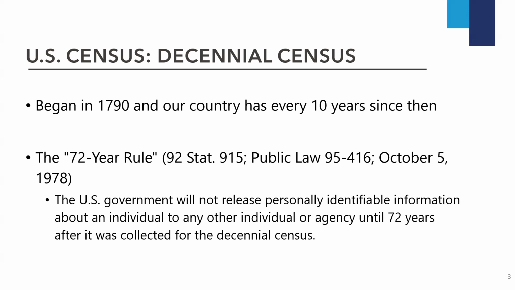The idea is that you can look at past generations' records while ensuring privacy at the time the census is conducted. But after some time, you can treat it as a historical record. A lot of people in genealogy have been using this public census data a lot based on the 72-year rule.